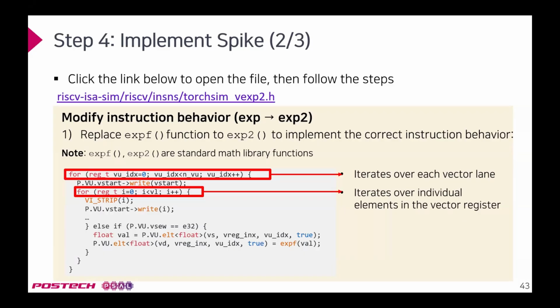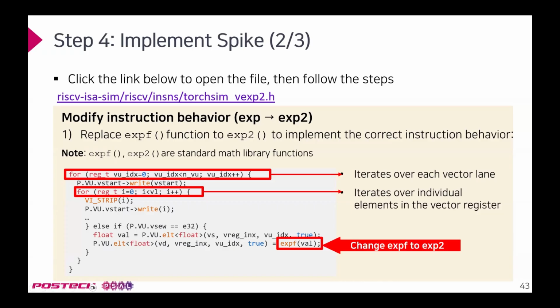This structure ensures that our operation is applied across the entire vector. And the most important part here is the math function itself. Because we just copied from the exponent h.h, here is exponent f. So we have to change this exponent function to the exponent 2 function.